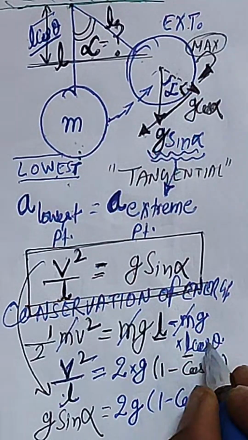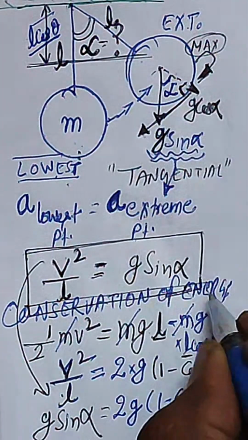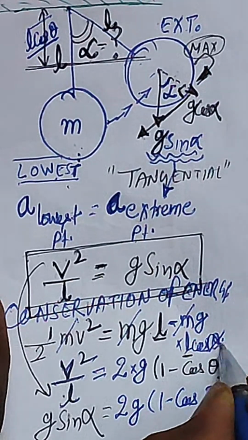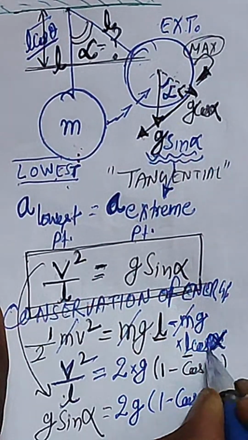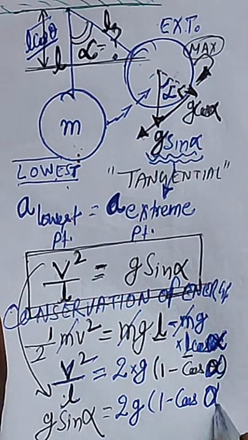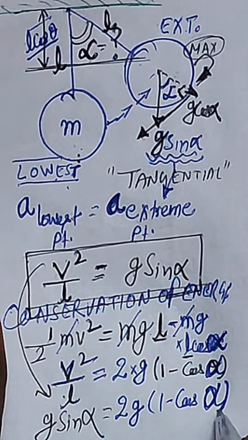In fact, all this theta is your alpha, because generally you used to write theta, so that's why I have written theta over here. So all these are basically alpha, 1 minus cos alpha, right?